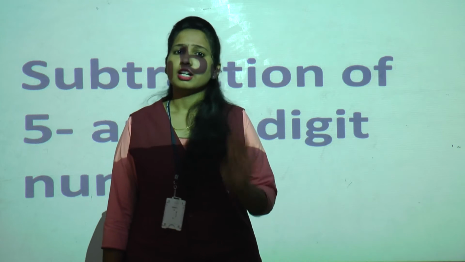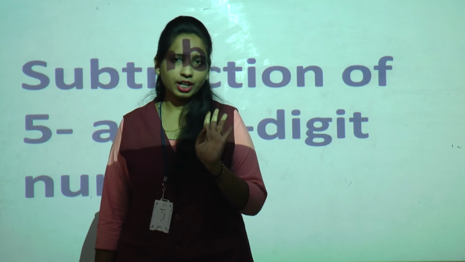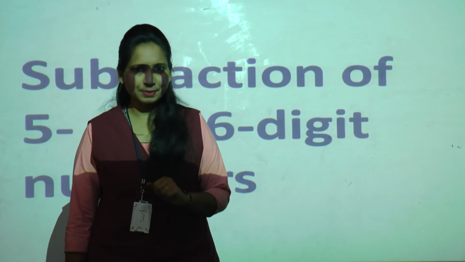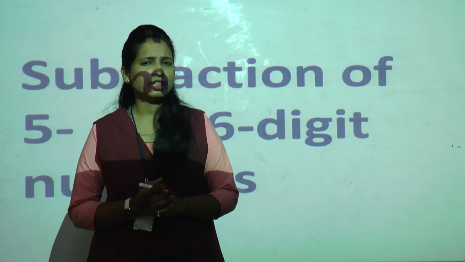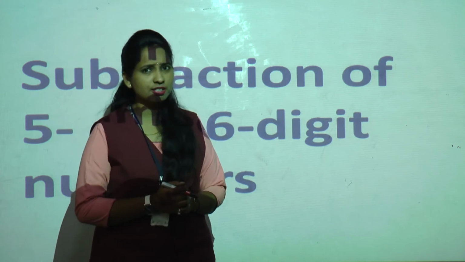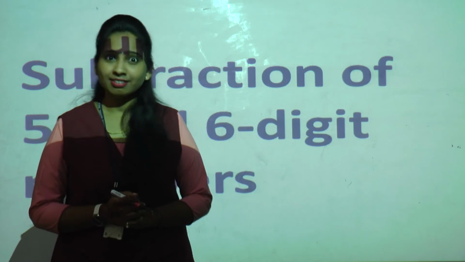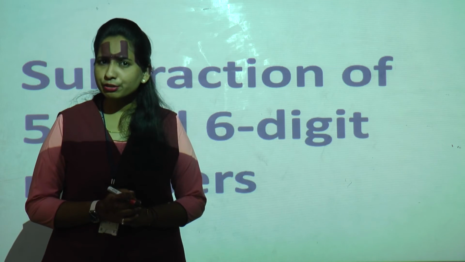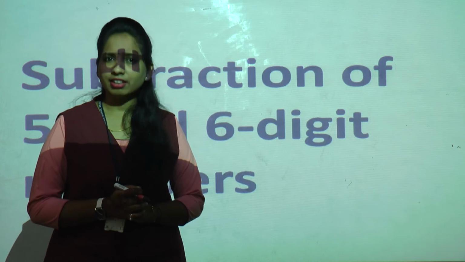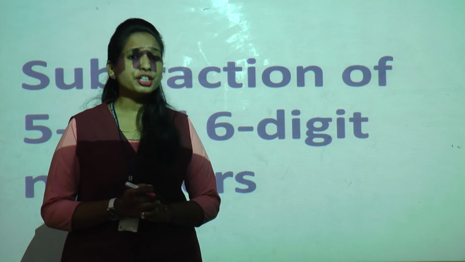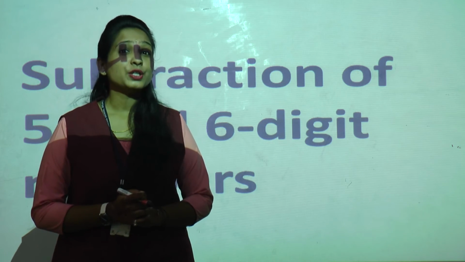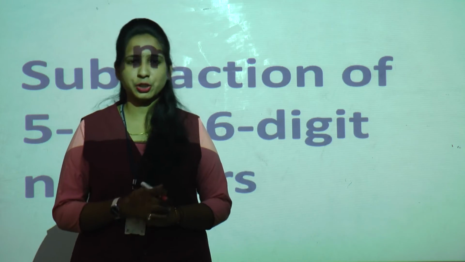There are 40 students and 5 are absent on one day. So how many students are present that day? Yes, you are correct, 35. To get 35, what did you do? Yes, you have done the subtraction.